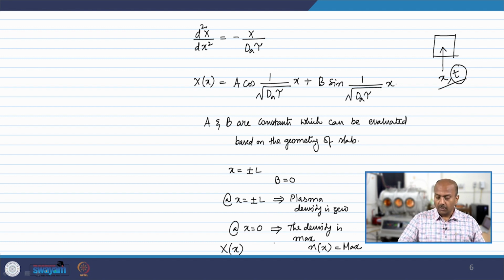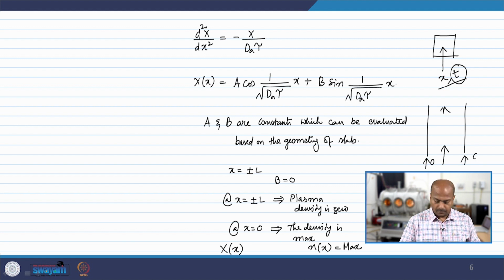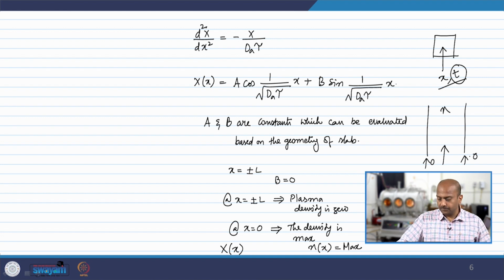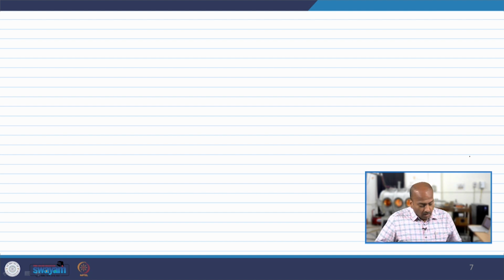How does it change? At the middle of the slab, the plasma density is maximum, n is maximum. On either sides, it is 0, right. So, this type of geometry simply requires the constant B to be equal to 0. You can substitute x equals 0, and you will realize how this B will become 0, right.